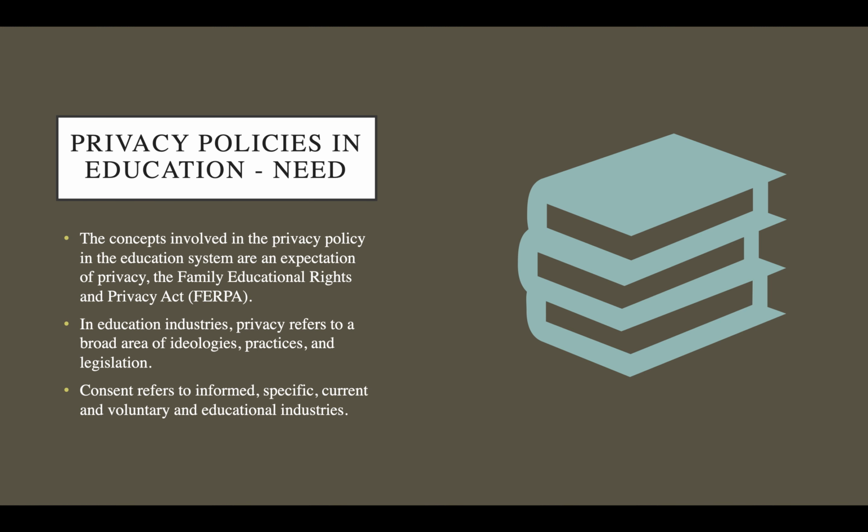So moving to the privacy policies. The concepts involved in privacy policy in the education system are expectation of privacy and the FERPA Act. Basically, FERPA covers information in a student's education record, which is governed by the Family Educational Rights and Privacy Act, a federal law enacted in 1974, that guarantees that parents have access to their child's education record and restricts who can access and use the student information.